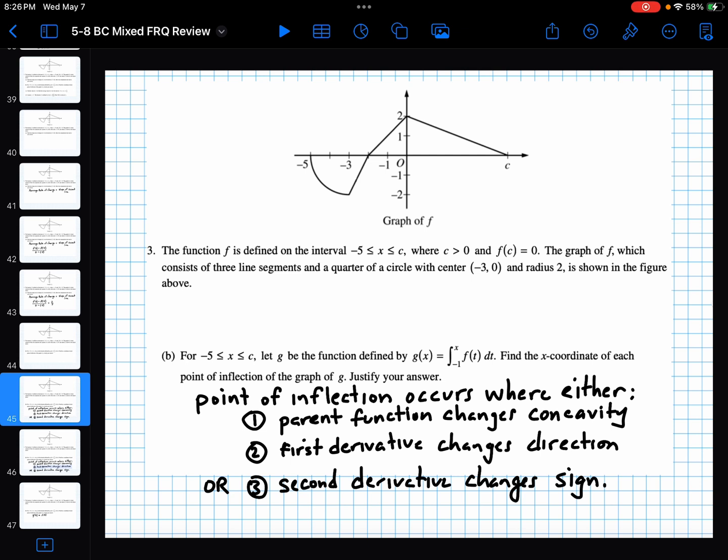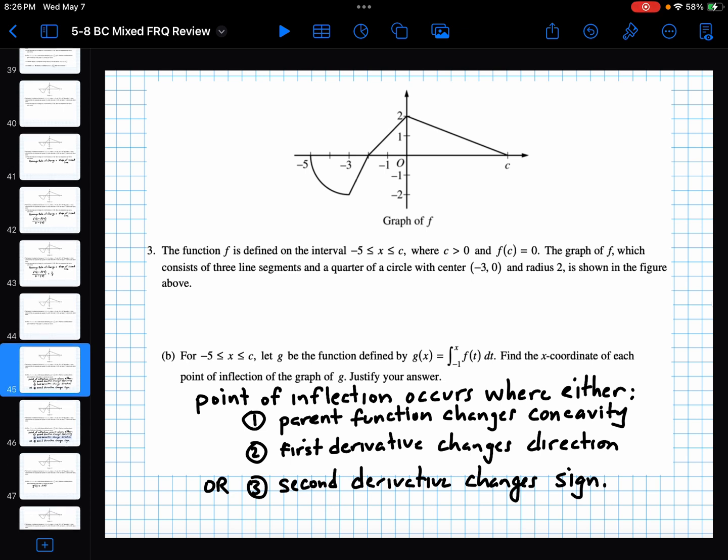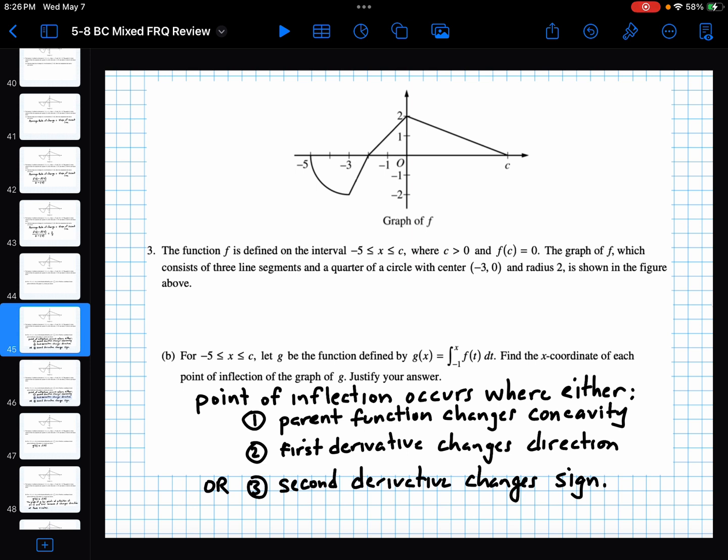Or where the first derivative changes direction, goes from increasing to decreasing, or vice versa, or where the second derivative changes sign. Now, a lot of times students will just focus in on that second derivative changing sign, but it's just as effective to look at one of these other 2 things.